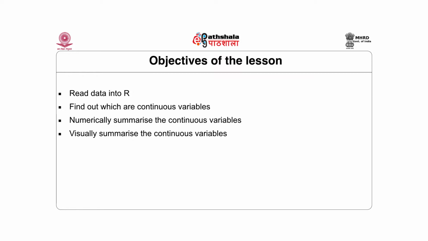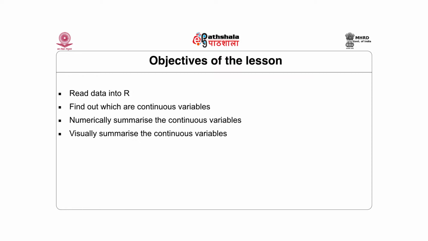In other words, what do we look for when we need to summarize a continuous variable? Of course, there has to be a sense of the central tendency, and there has to be a sense of dispersion.